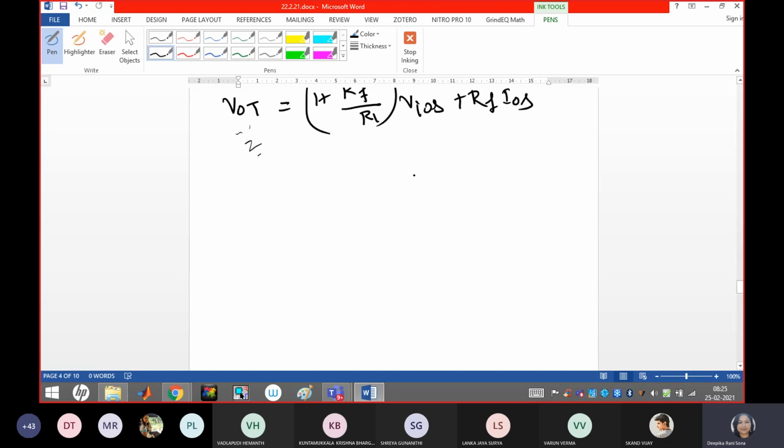These are the parameters responsible for generating the total output offset voltage. So this may be positive or negative with respect to ground. How do we compensate that, guys? Total output offset voltage.